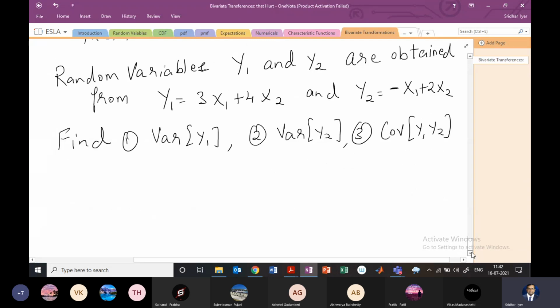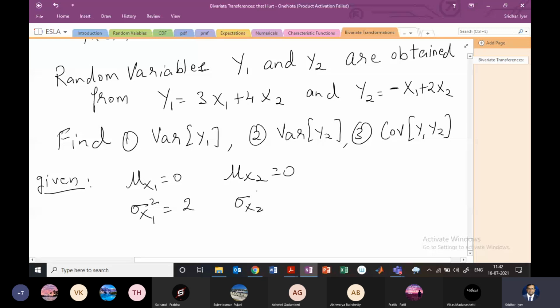So again, first we should write what is given to us. The very first thing we are given is mu x1 is 0, mu x2 is also 0, because they are 0 mean random variables. We are given variance of x1, which is 2, and variance of x2, which is 4, and the correlation coefficient rho x1 x2, which is 0.8.